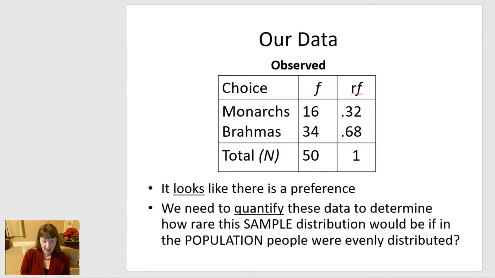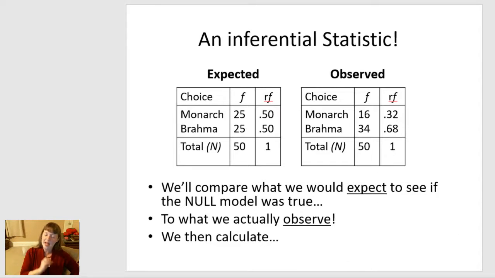If it's super unlikely that I would have seen a 32% to 68% split in my sample, well, then I'm going to reject the null hypothesis, the idea that it's really 50-50. So it's very similar to all the analysis we've done before, except instead of looking at averages, we're looking at frequencies among categories.